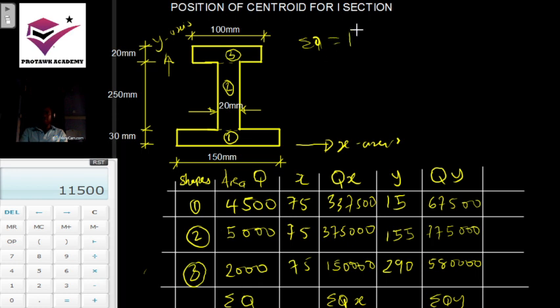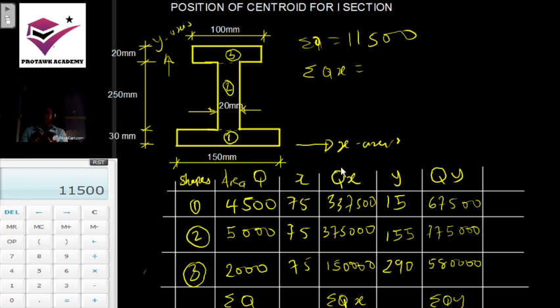We'll write it out, 11,500. Then the next one is the summation of qx, which will be equal to, when we sum all this, we do that with a manual calculator to be faster, because if we use the calculator we have here, it will give us an error because of the large data involved.